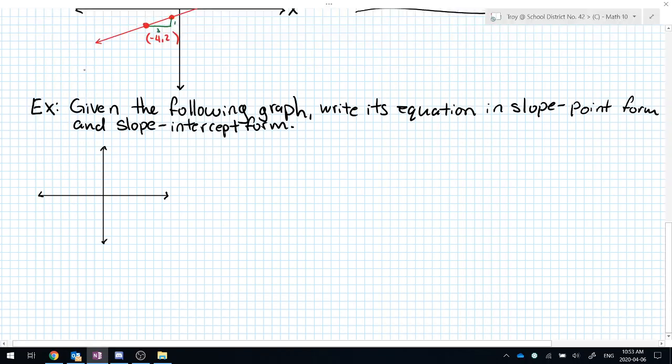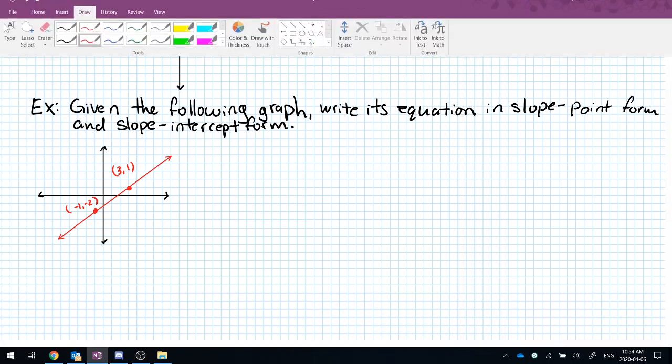And let's say it goes through points (3, 1) and (-1, -2). Okay, so let's say it looks like that.